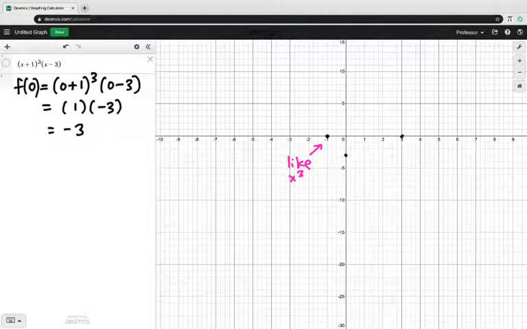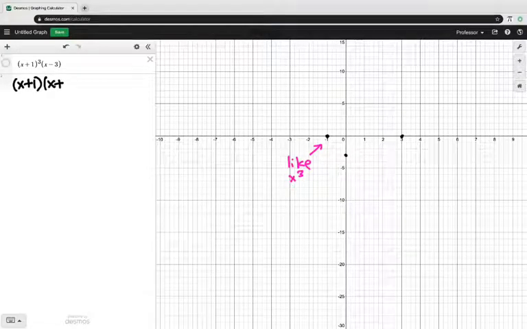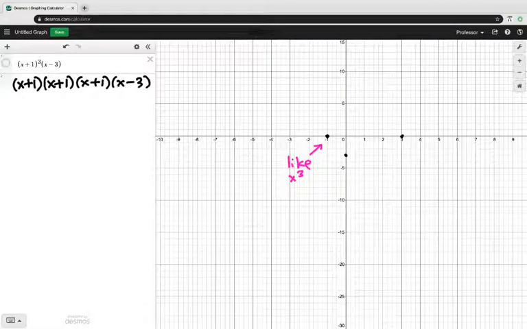All right, next thing is end behavior. Okay, so end behavior was easy on the last 2 because they were all FOILed out for us, but this one is already factored. So you need to think about, if I were to FOIL this, which I am not going to do, I think that would give us all nosebleeds. If I FOILed that out, I would get x squared plus some other stuff.